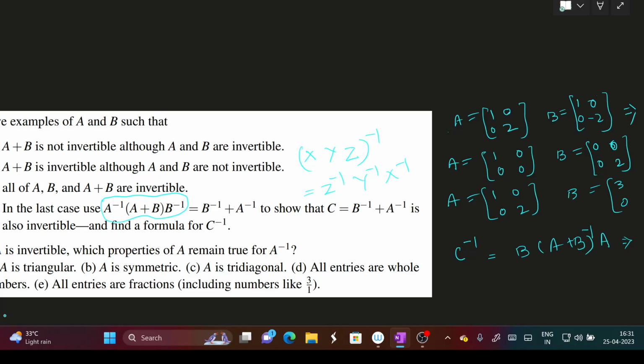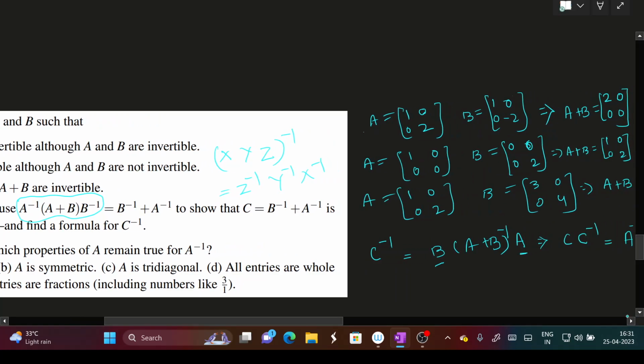So their inverses are, this is Z inverse, this is Y inverse, and this is X inverse.